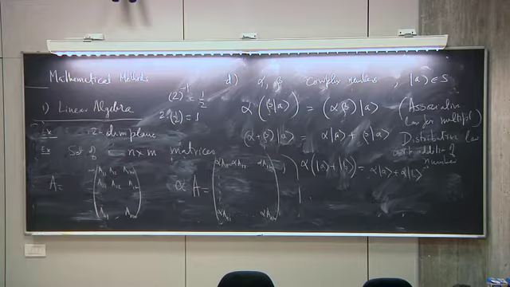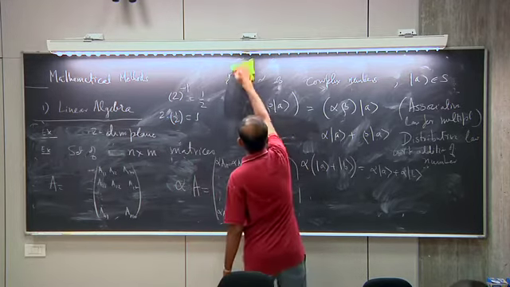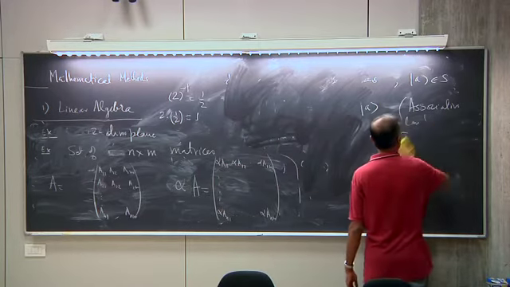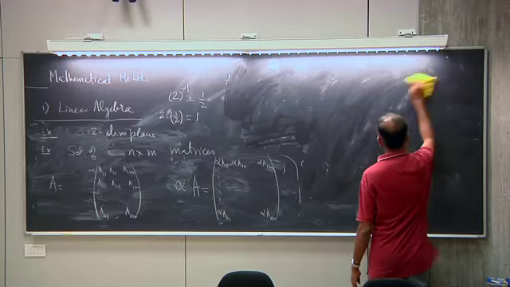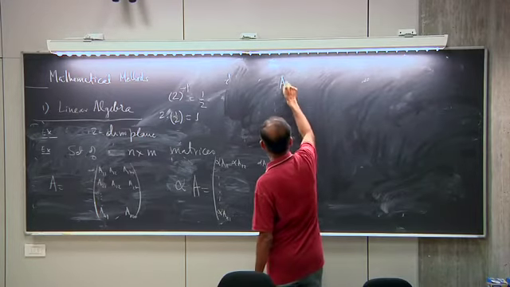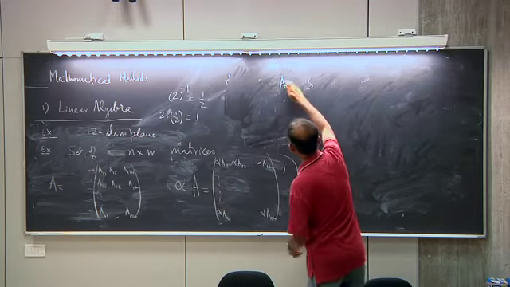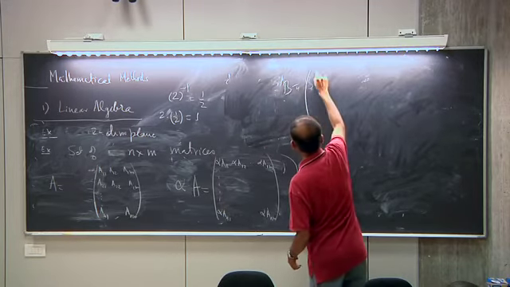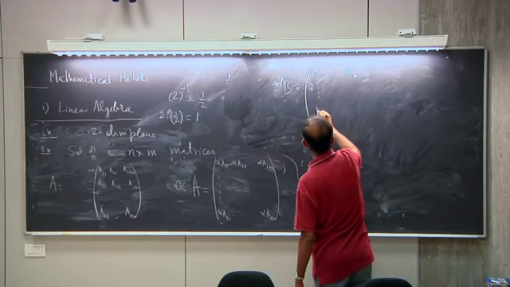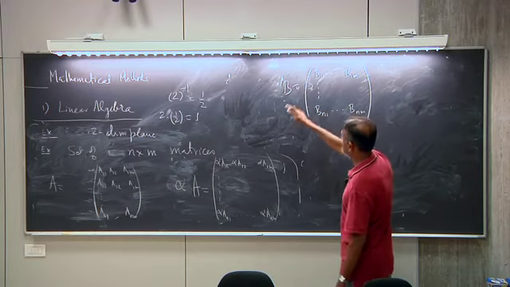Okay. Now, what is the rule of addition? The rule of addition is, if I give you two matrices A and B. So A is this, A is that already, and let's say another matrix B, which is B11 up to B1m, and Bn1 to Bnm. So I'm given two matrices.